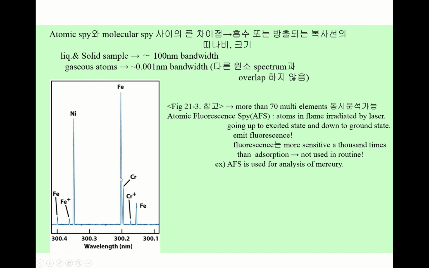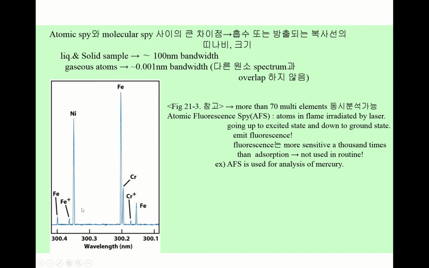That's why atomic emission spectroscopy is very sensitive, and we can determine many elements. Probably 50 elements could be determined at the same time. So the liquid and solid sample bandwidth is about 100 nanometers, but for a gaseous sample after atomization the bandwidth is very narrow, 0.001 nanometers.